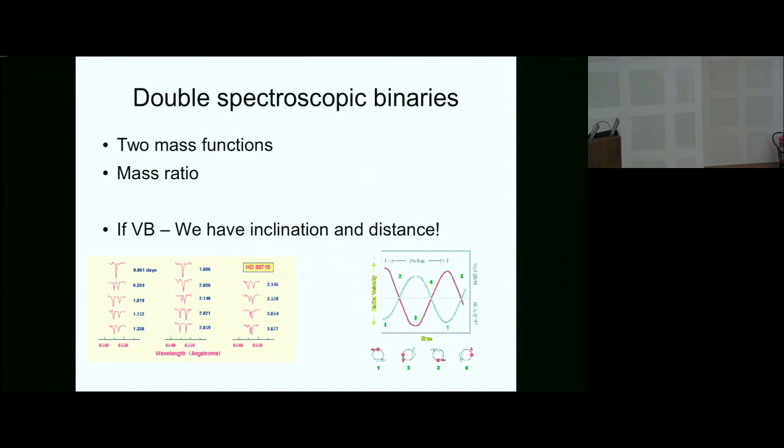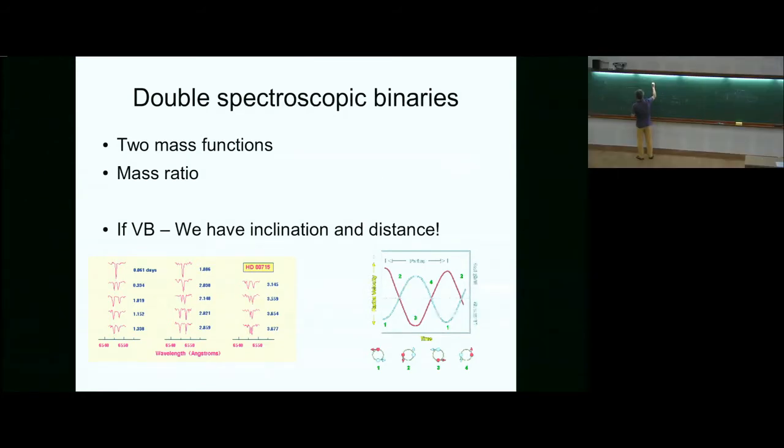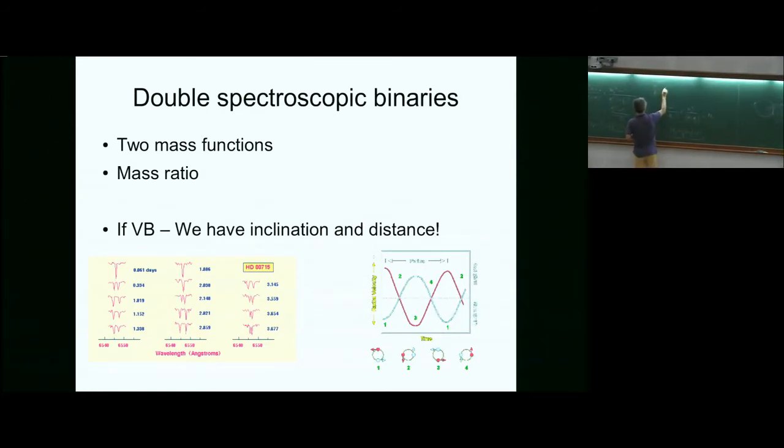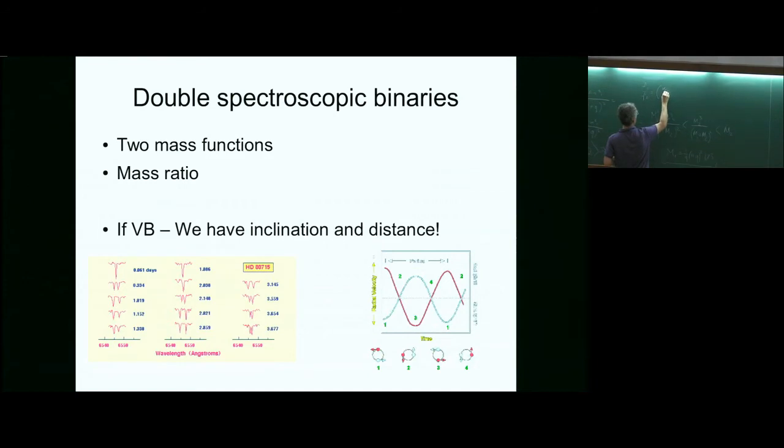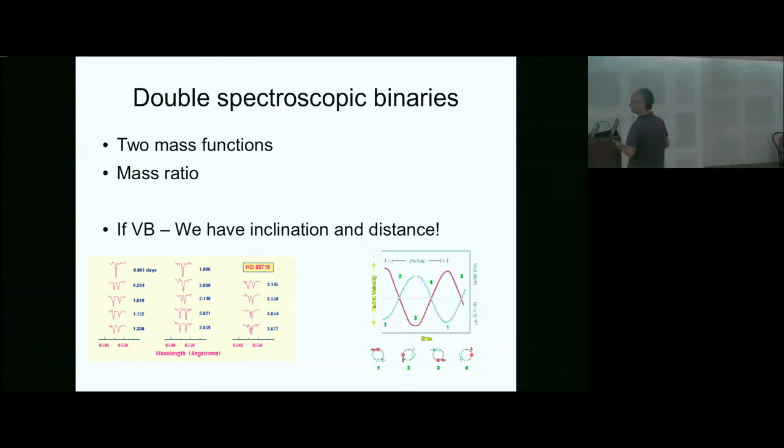If we take F1 over F2, it's going to be M2 over M1 to the third. So that's additional information. We have the mass ratio, we have two mass functions, but without the inclination, we do not have the total mass.